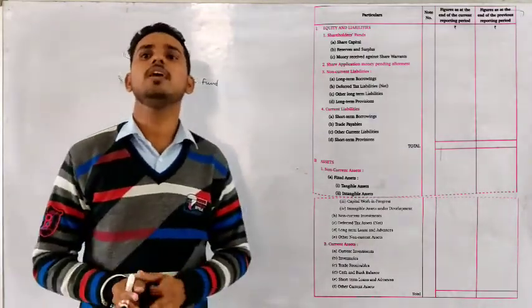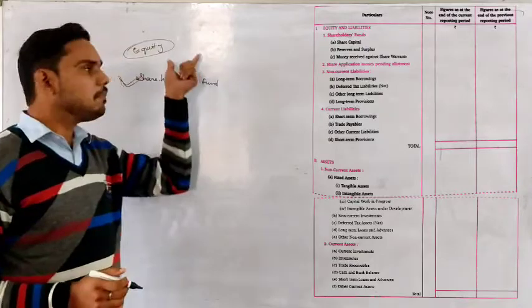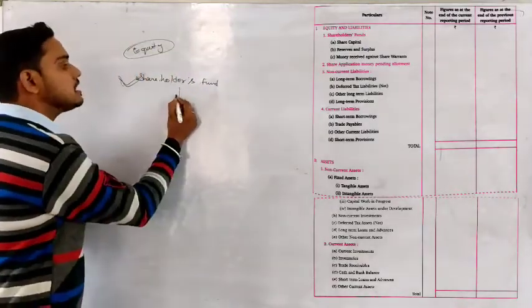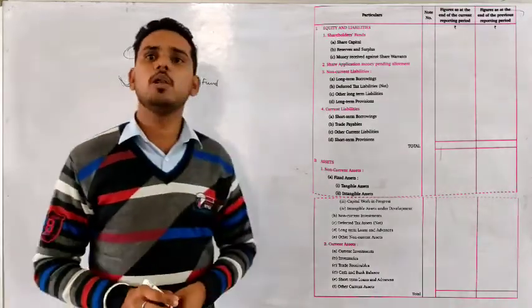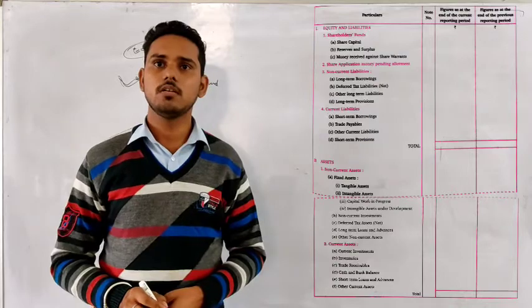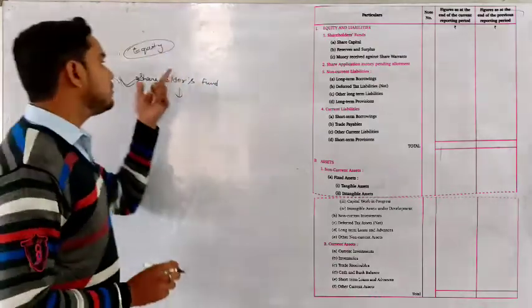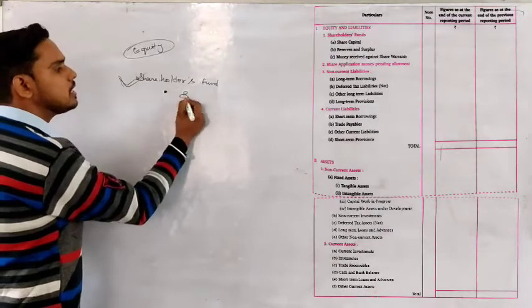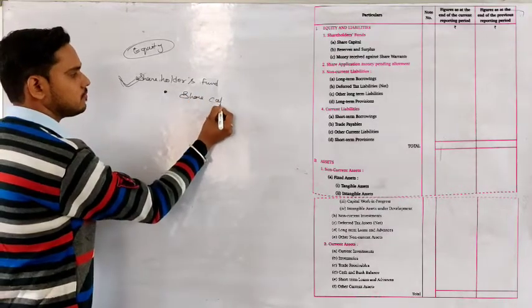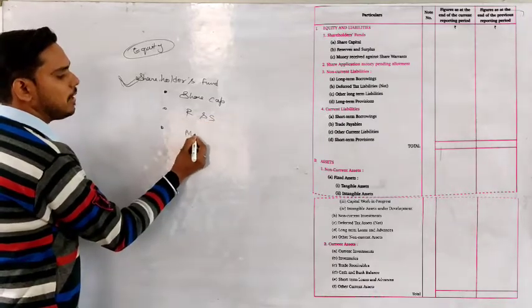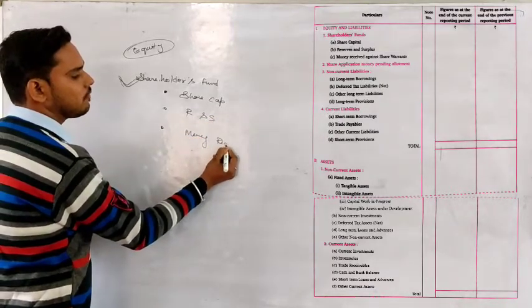So in a way you can say that equity means shareholder fund. And what does shareholder fund mean? Sir, all the money which belongs to the owners of the company, right? No confusion. And in this shareholder fund there are three subheads. First subhead is share capital, second one is reserve and surplus, and third one is money received against share warrant.